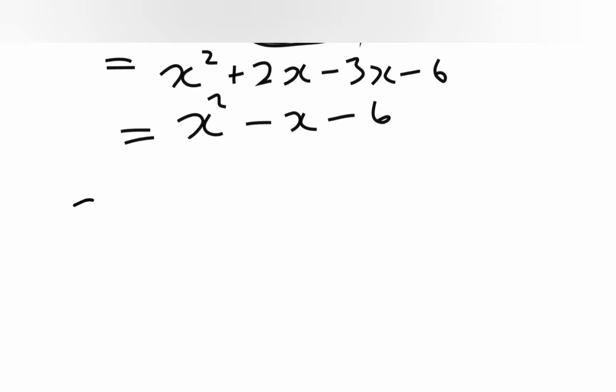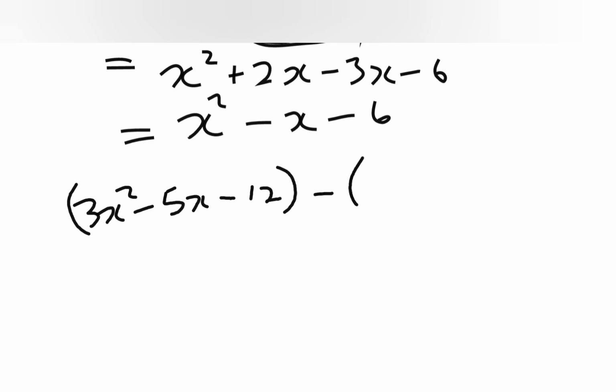The area of M would be 3x squared minus 5x minus 12, and I'm going to put these in brackets, and then we're going to subtract the area of N that we have above here, which is x squared minus x minus 6, and all of this will be equal to 64.